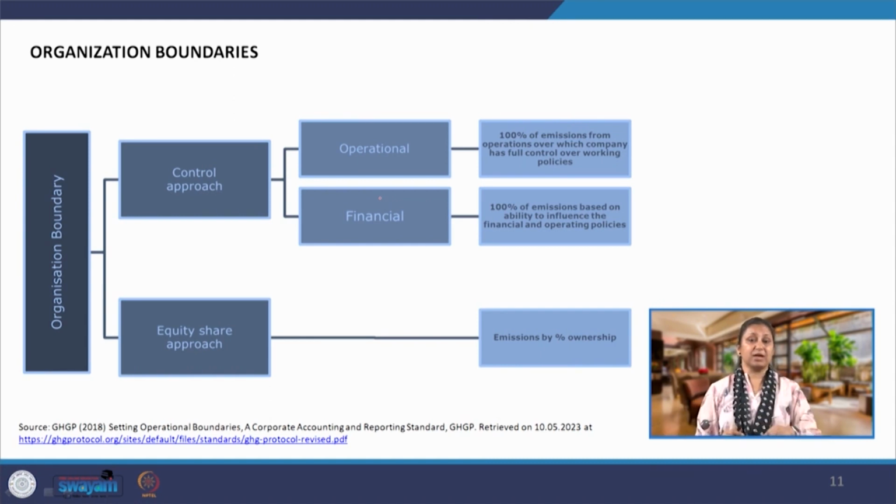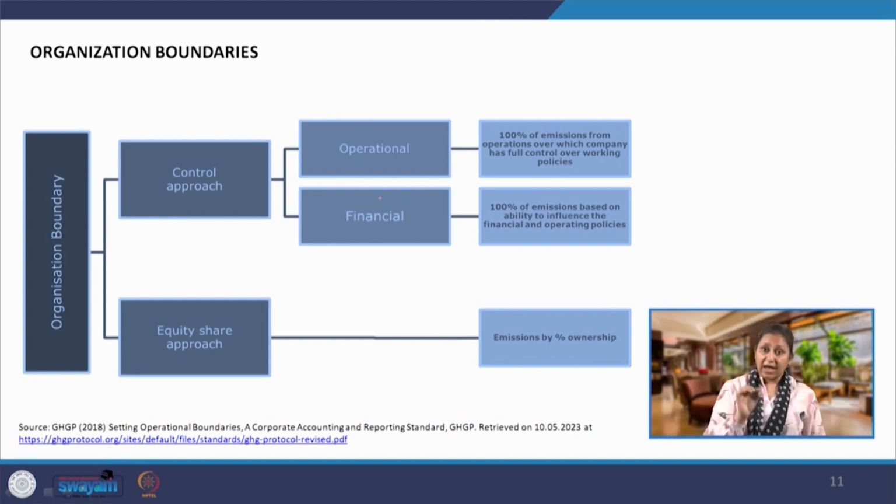But when it comes to financial control, I might have an agreement with the company saying that for the next 3 years, this smaller vendor is going to manufacture this particular part only for my automobile company. I will be driving and controlling its financial operations, because I have signed this MOU that he can make parts only for my company and no other company for this duration.